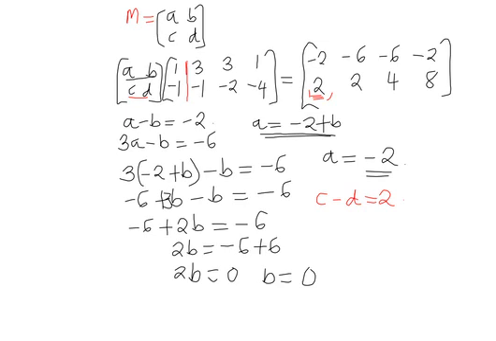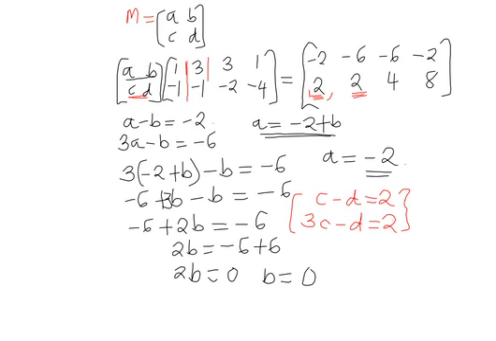The second row by the second column is 3 multiplied by C, which is 3C, minus D, that is D multiplied by negative 1 to give us minus D, is equal to, we are taking this y coordinate, which is 2. Now we solve these two equations simultaneously to get the value of C and D.